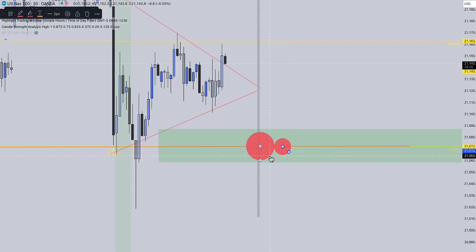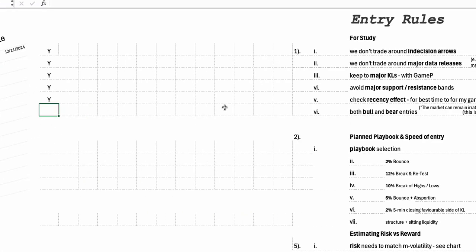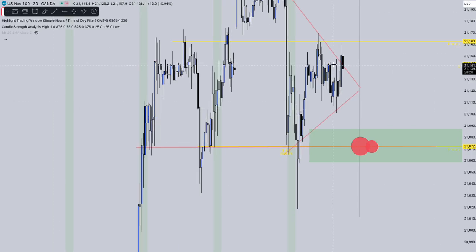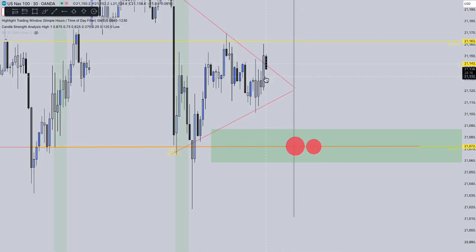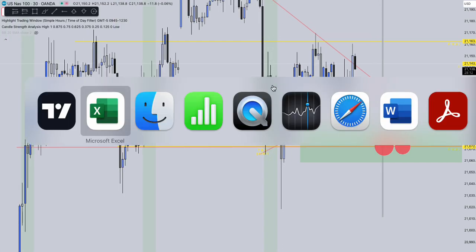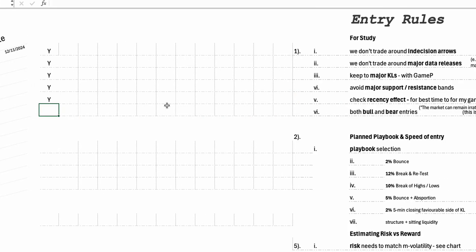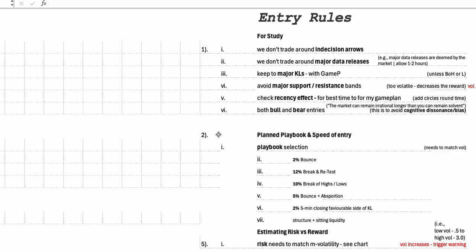Put that one there. Make it a little bit smaller. So that's great. And there's a little bit of price action overnight at 4 a.m. You wouldn't really expect it, but it is. Bull and bear entries. Check. It helps to avoid cognitive dissonance and cognitive bias.